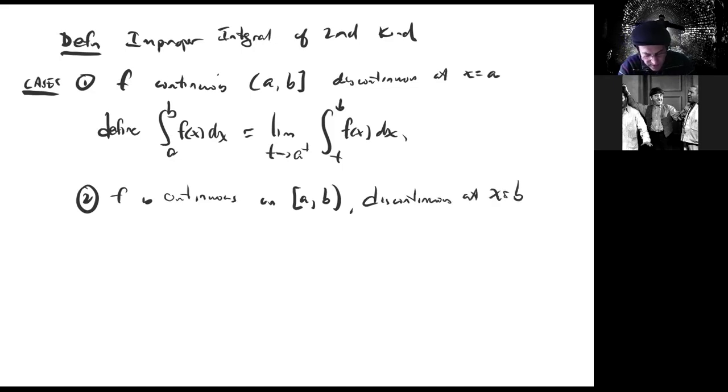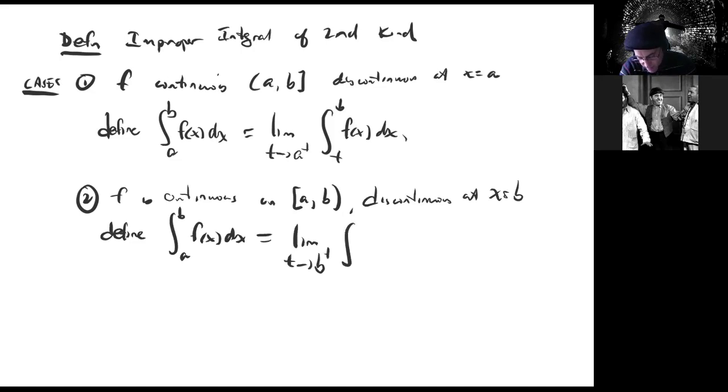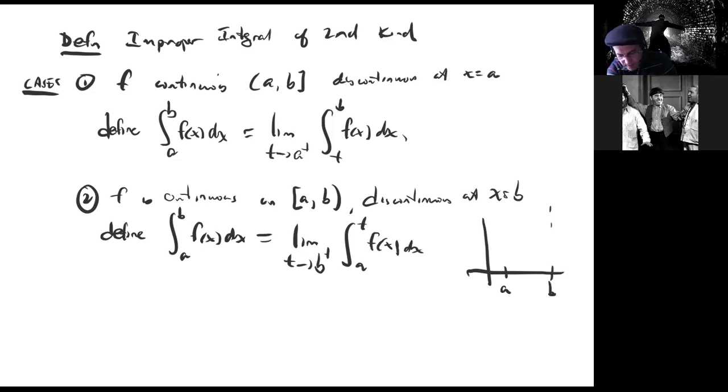And so we define in that case the integral from a to b of f of x dx as the limit as t goes to b on the left of the integral from a to t of f of x dx. So the picture of the curve in this case might look something like this. You'll have a here, you'll have b here, and maybe you have something like an asymptote, and the curve looks something like this, or it could be like this.